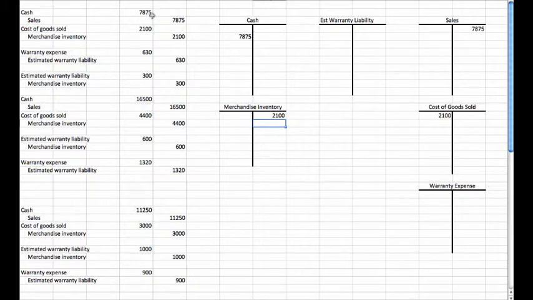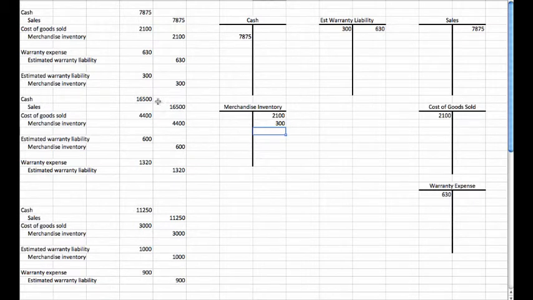So notice all we're doing is we're taking the debits and credits and posting them into our ledger. Next, we take our debit to warranty expense over here. Warranty expense is $630, and we have to credit the estimated warranty liability of $630 as well. Next, we want to debit the estimated warranty liability over here. Debit the estimated warranty liability for $300. Credit merchandise inventory by $300 as well.